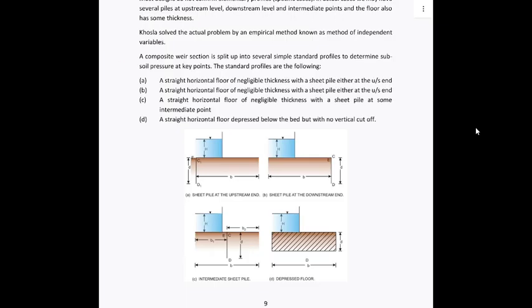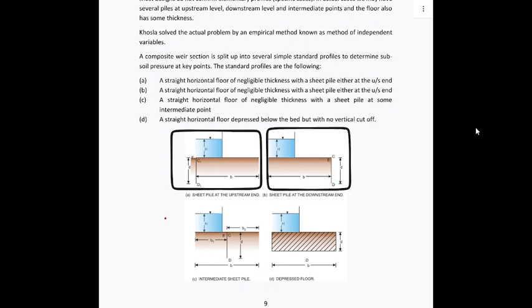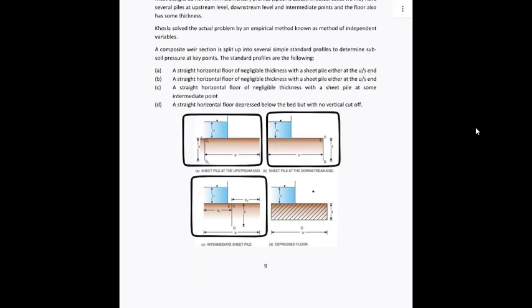One of the independent variables is a straight horizontal floor of negligible thickness with a sheet pile at the upstream end. This is this case. Then we have the case with a pile at the downstream, an intermediate pile, and then a depressed floor, a straight horizontal depressed floor, but with no vertical cutoff at all.